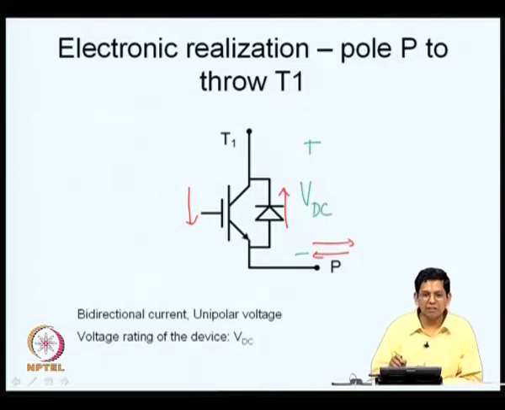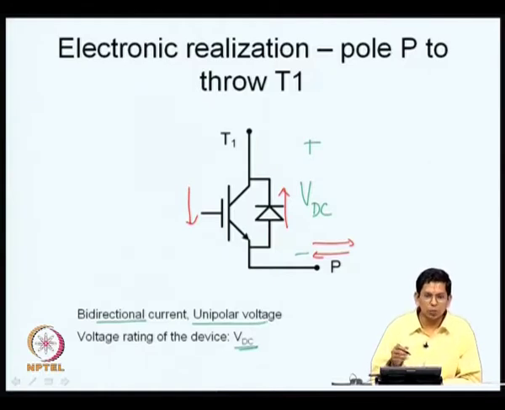If you have a transistor and a diode like this, and if the devices are rated for VDC, it should be possible for you to block this potential, right. So, the voltage rating of the device is VDC. You need bidirectional current, unipolar voltage, and the voltage rating of the device is VDC. So, let us move further.